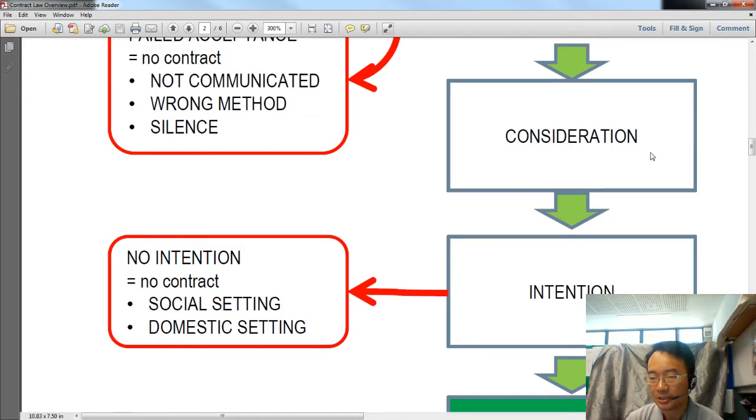Now, this does not mean that you can never have a contract between friends or family members, because it's only a presumption. So this is just the starting point. But the opposite side is that if it's not social, it's not domestic, it's more a commercial situation. If you are buying things from a shop or you're dealing with people in terms of business, then there will be a presumption that there is an intention to form a contract.